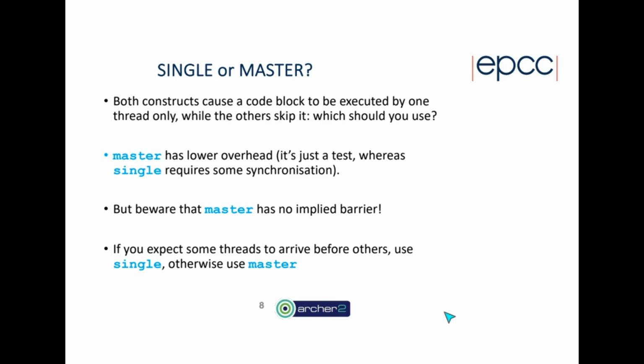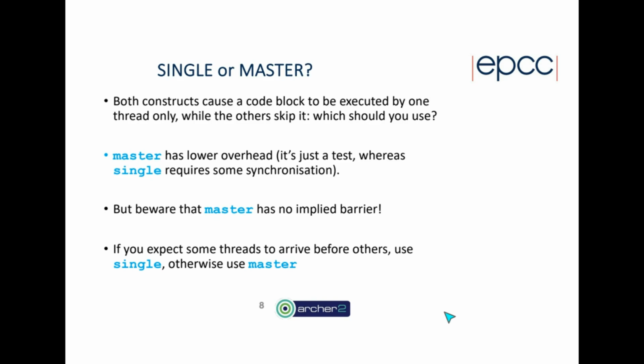Master means that it's thread 0 that will execute it. So which one should you use? Well, you have some choice, depending on the situation. Master typically has lower overhead because the implementation of master is trivial. It's just a test on the thread ID.